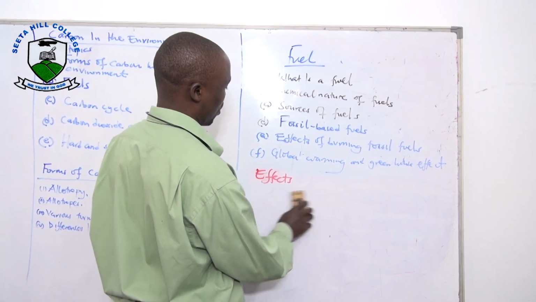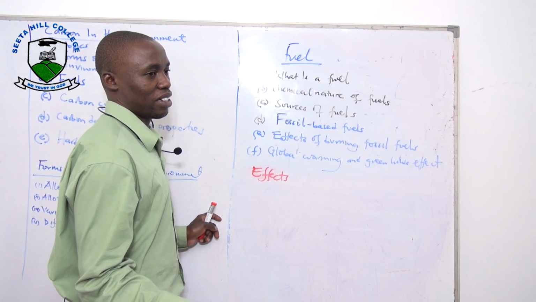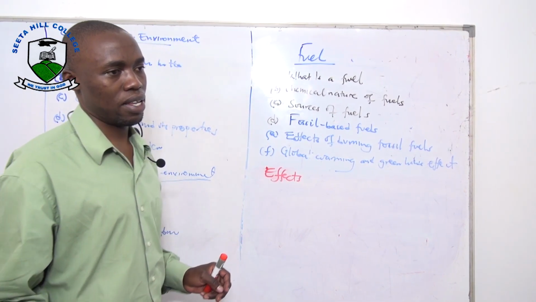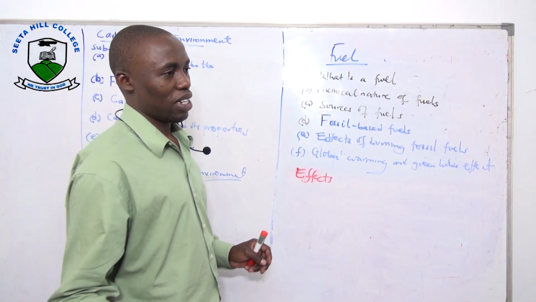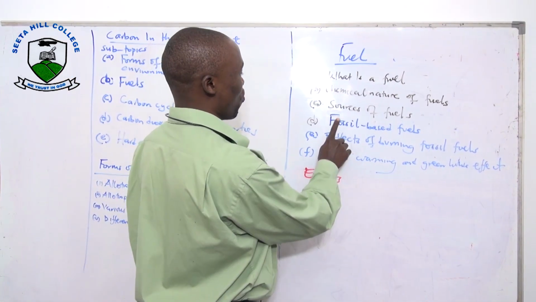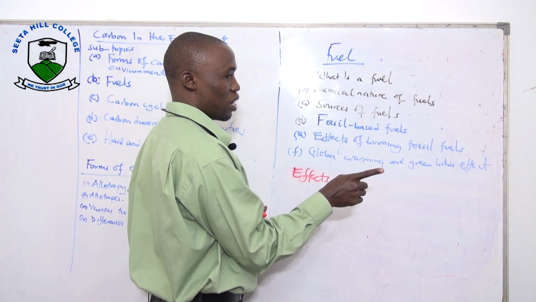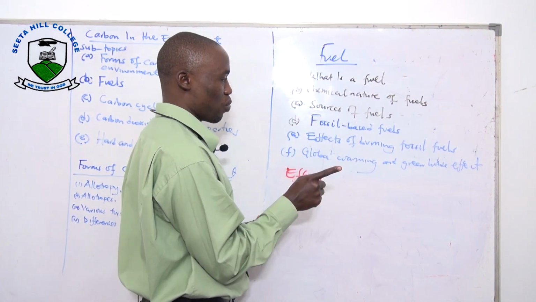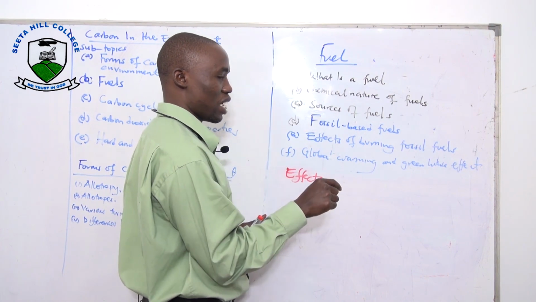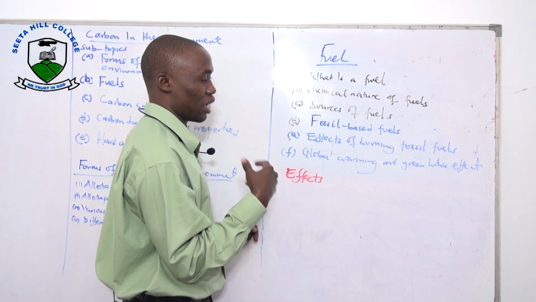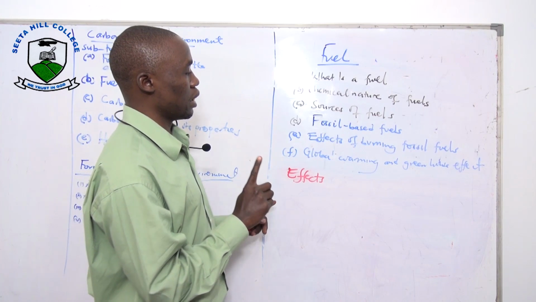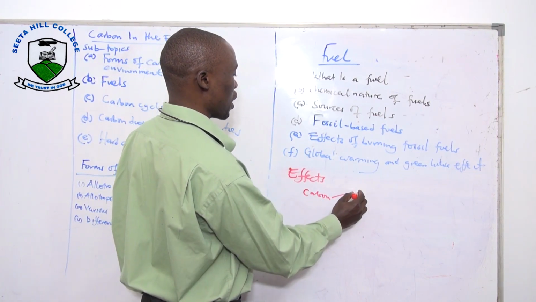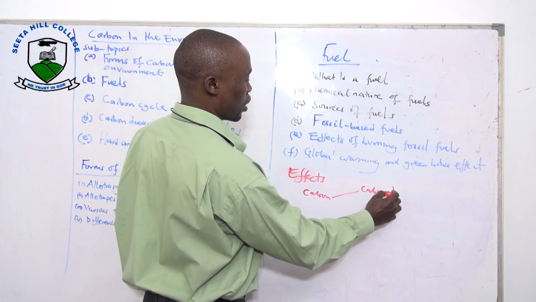Water. Hydrogen oxide is water. Now we are saying a fossil fuel has carbon, has sulfur, has hydrogen. Carbon will change into carbon dioxide and carbon monoxide. That fossil fuel has carbon, therefore carbon gives carbon dioxide.